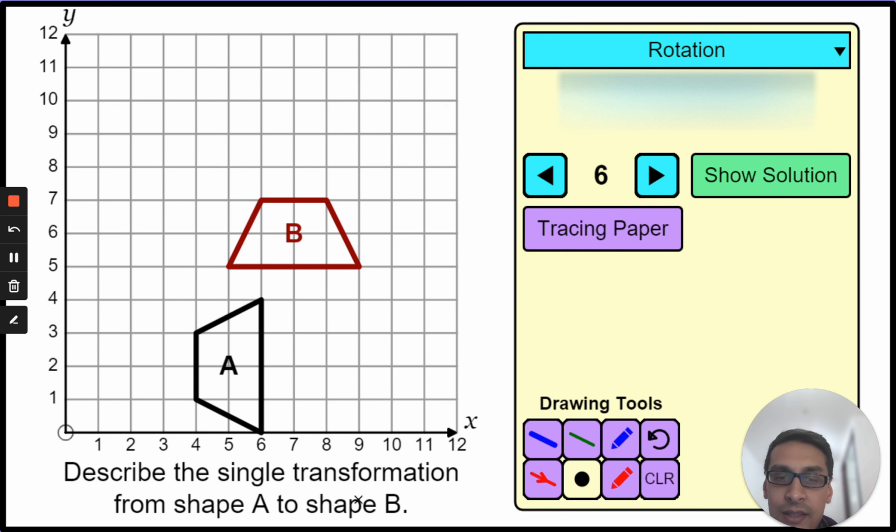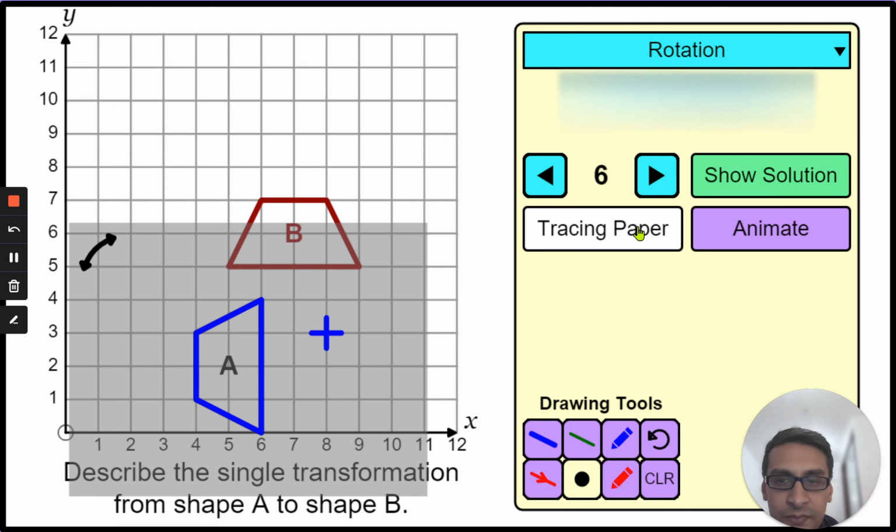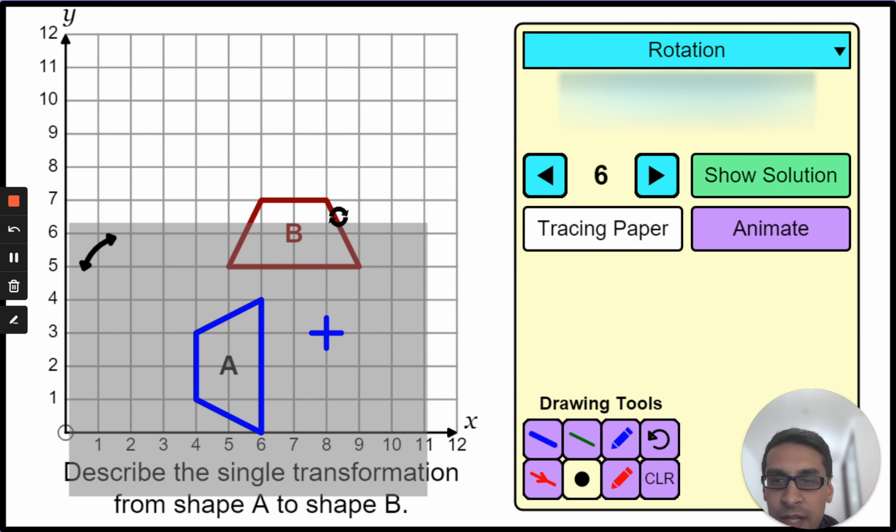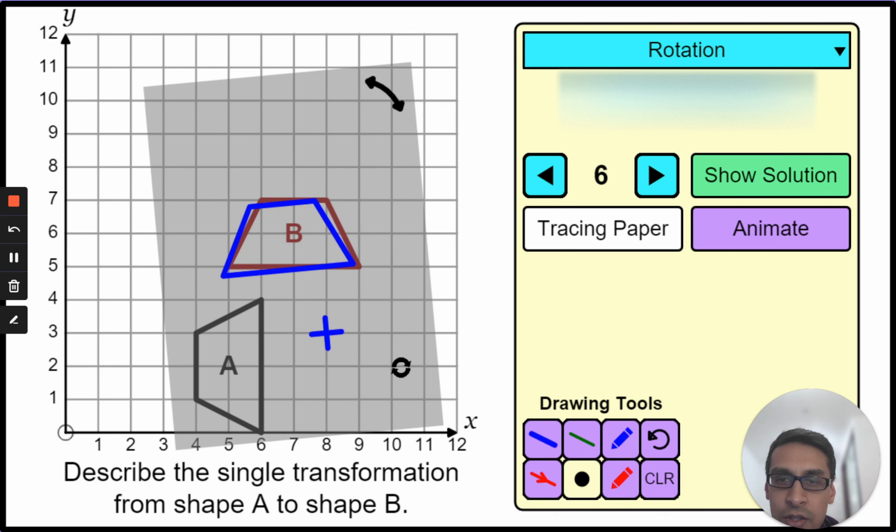And the third thing is the center of rotation, and that's where your pencil point would have been. In this case, if I put my tracing paper here, you should hopefully have figured out that your point is 8, 3, and you can see this is the rotation I can do to get to B.